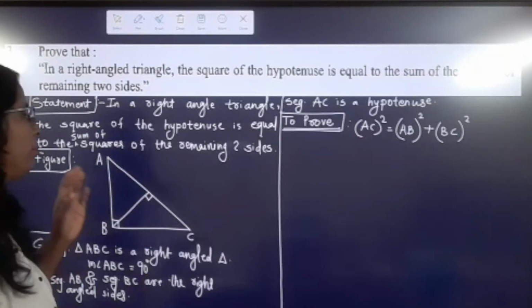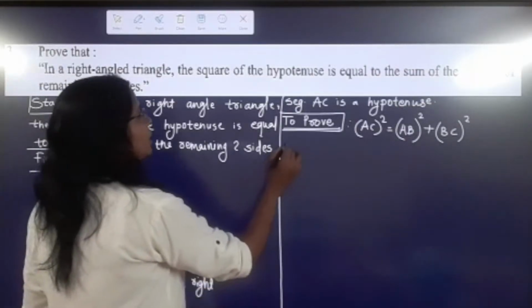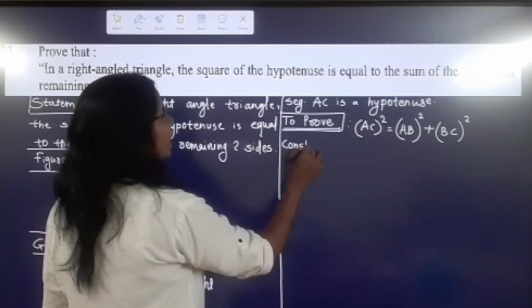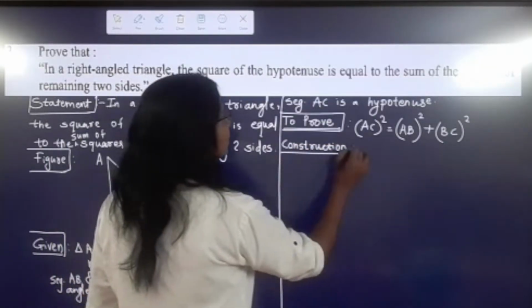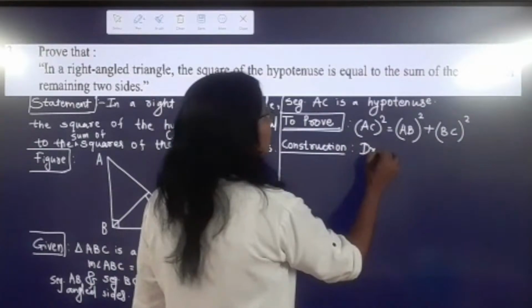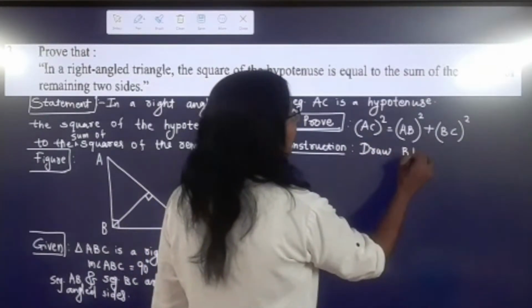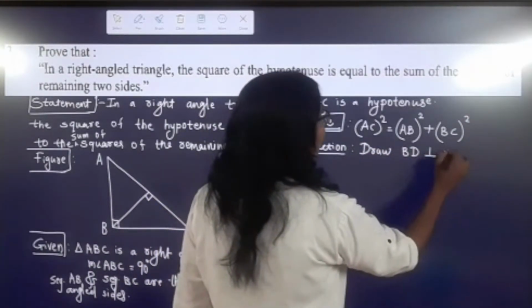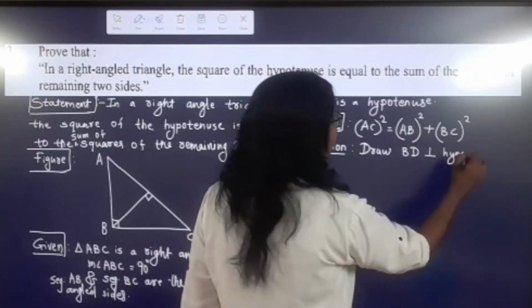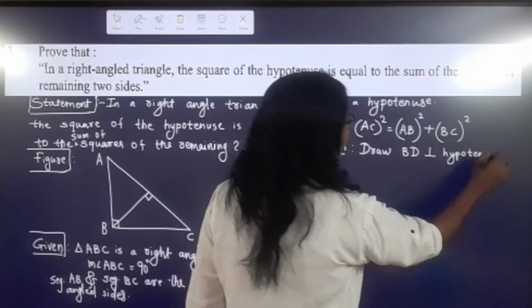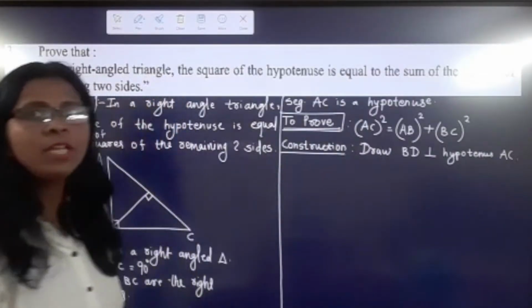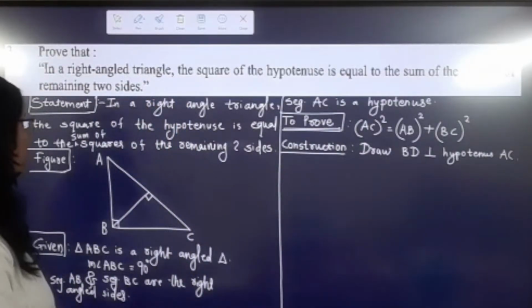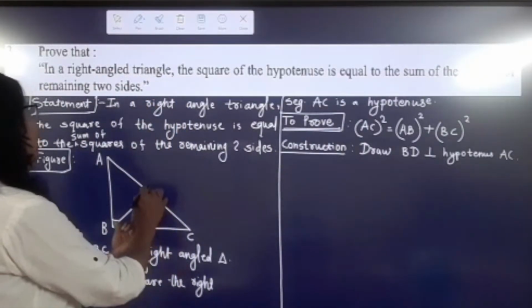Draw BD perpendicular to the hypotenuse AC. This is the construction.